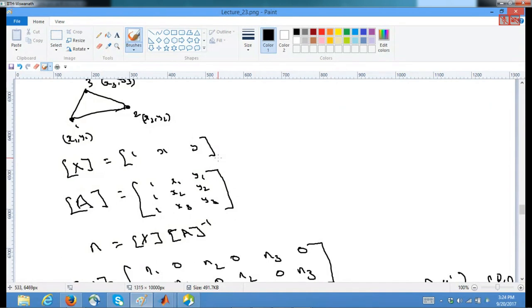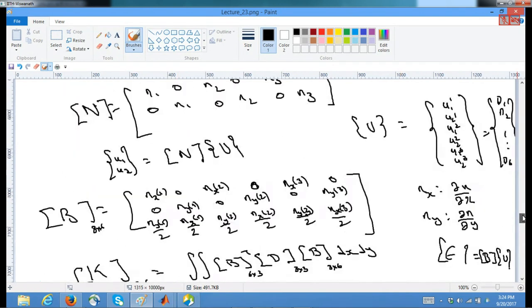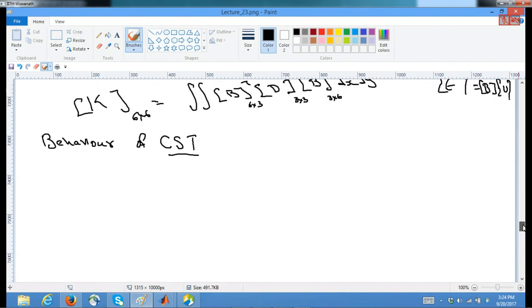So when you differentiate with respect to x and y, you end up with a B matrix which is full of constant coefficients. That means if this B matrix is full of constant coefficients, your epsilon is also constant, and hence the triangles are also called constant strain triangles. So let us see the behavior of the constant strain triangles in bending.